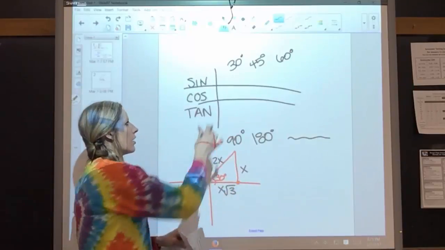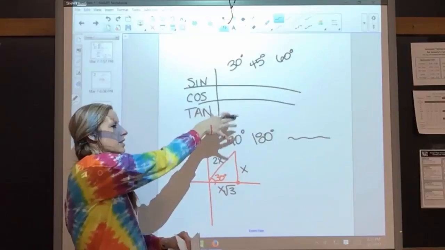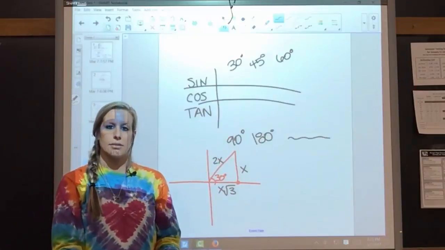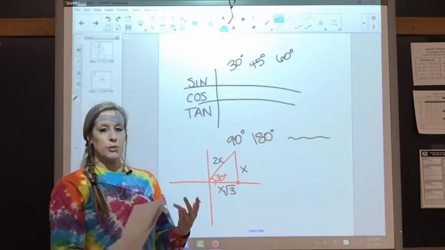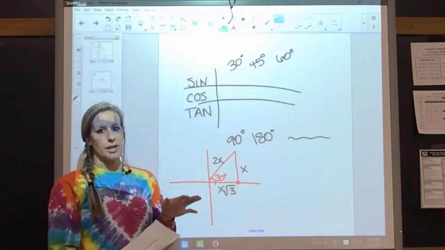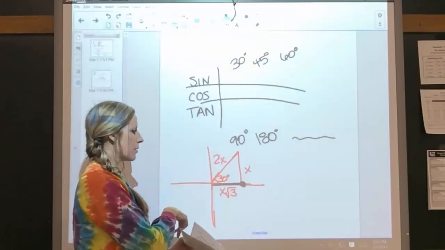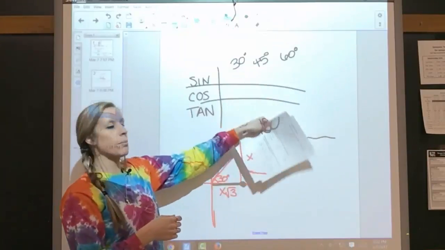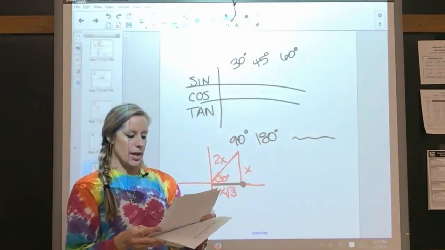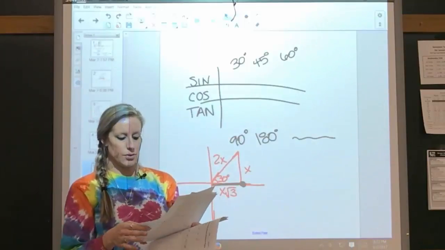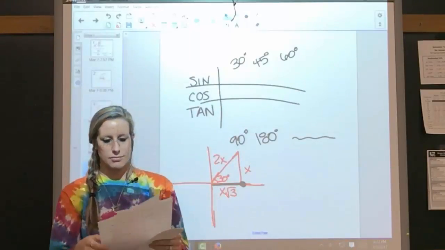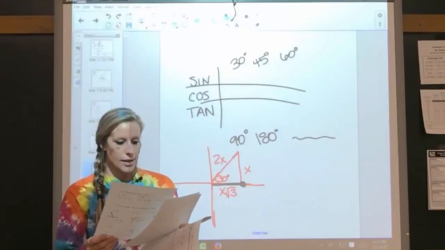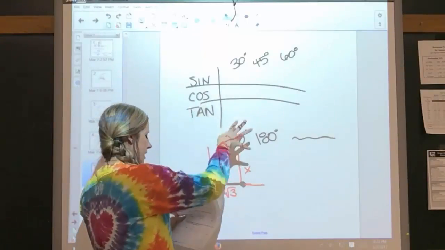You can figure out this whole table without having to memorize. Okay, so I mean, if you memorize it, great. If not, don't freak out. Okay, you can look back at your notes from yesterday and see how we got these numbers. I would review that if you don't know how to fill in the chart just by memorizing. So yeah, you'll have to do the tables.